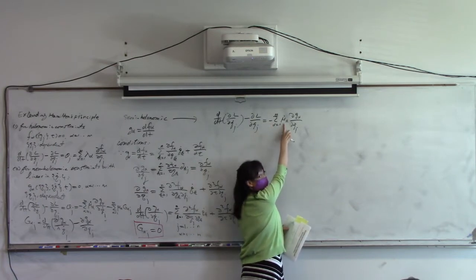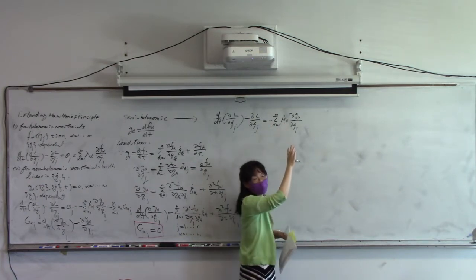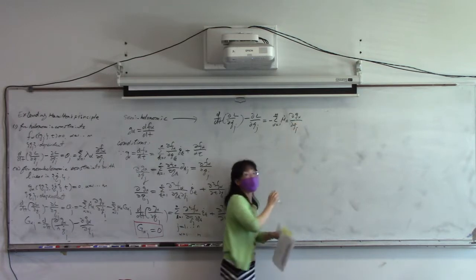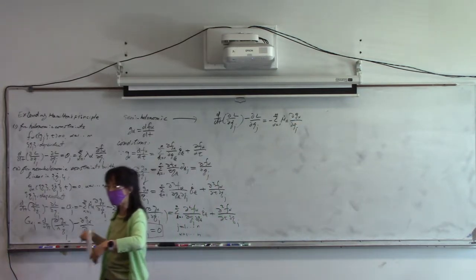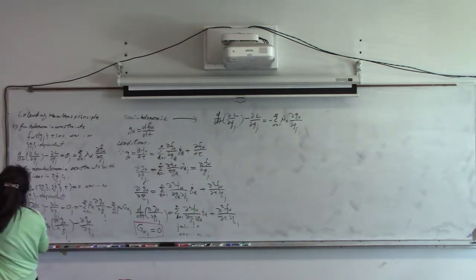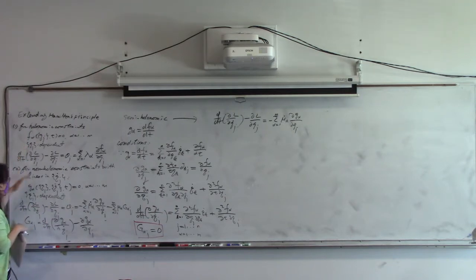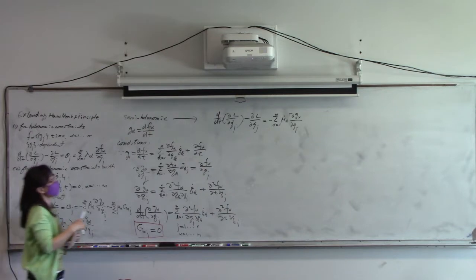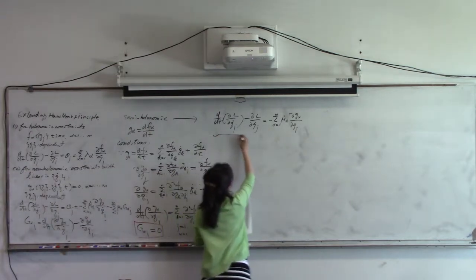They miss the mu alpha dot, they just say mu alpha. And this must be G alpha, not F alpha, because we want to distinguish: F alpha is holonomic, and for the non-holonomic we usually use G alpha. So that is the correct formula.